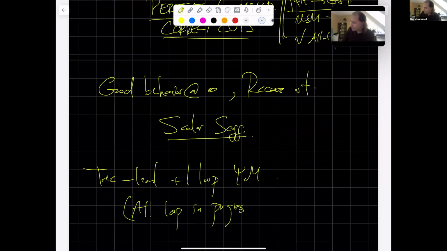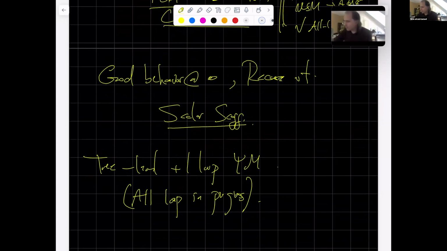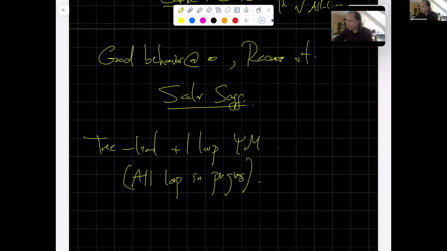I hope you'll understand from the review I'll give just for the trace phi cube theory why this is a natural division: tree level, one loop, and somewhat new ideas that show up for all loops. But this means in particular that there's a few line Mathematica code that just calculates Yang-Mills integrands at one loop.